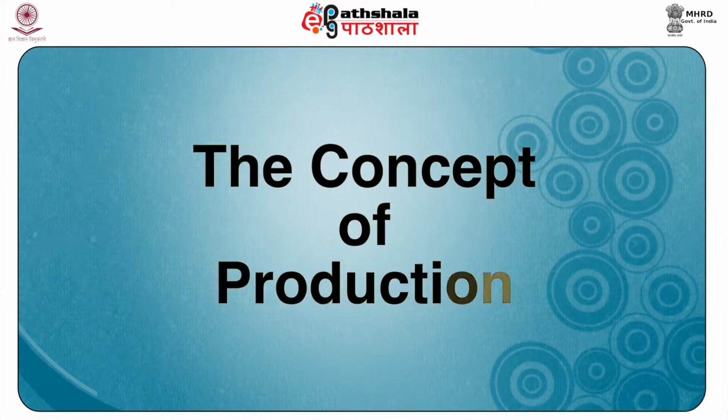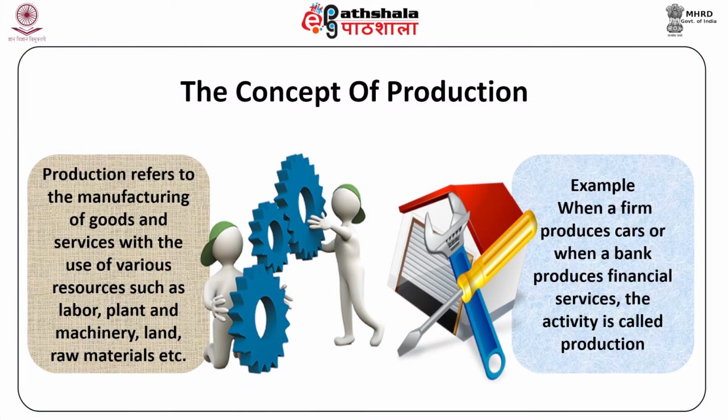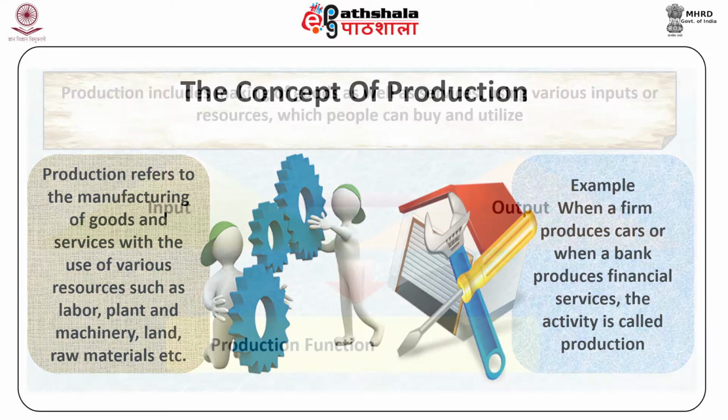The concept of production. Production refers to the manufacturing of goods and services with the use of various resources such as labor, plant and machinery, land, raw materials, etc. For example, when a firm produces cars or when a bank produces financial services, the activity is called production.